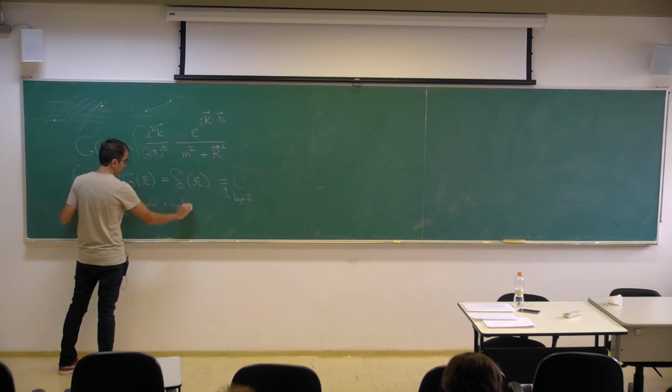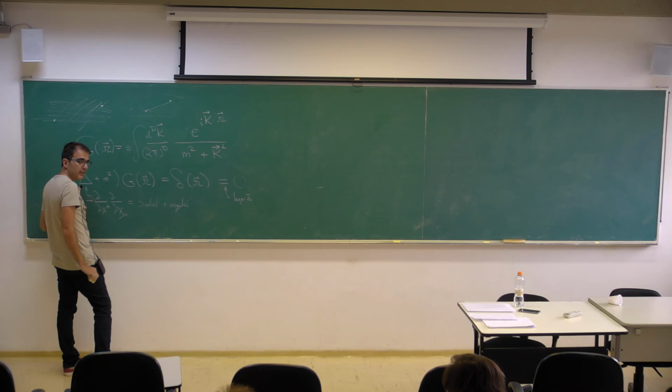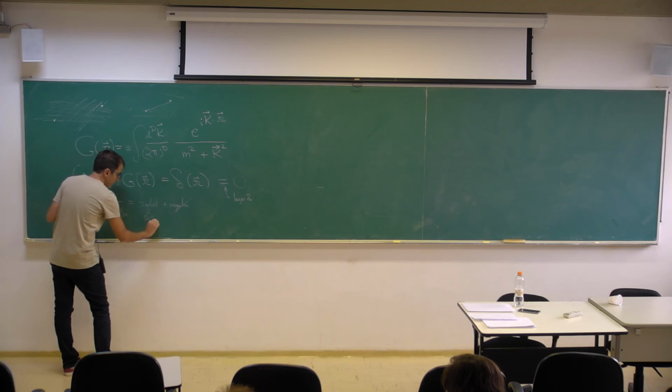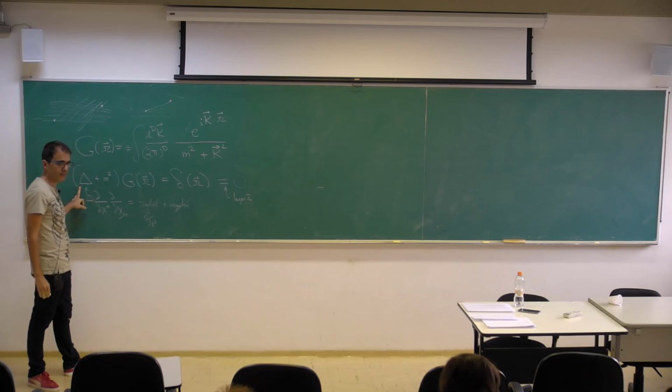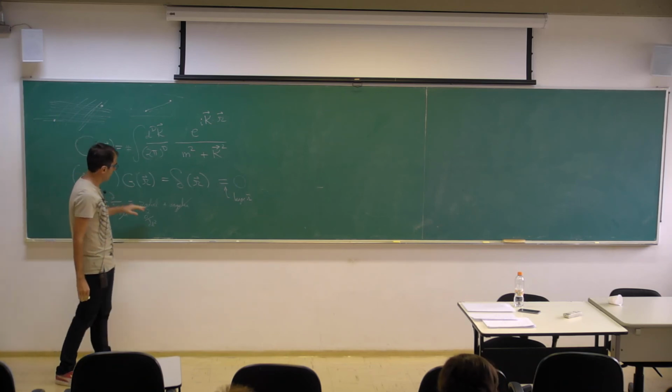And the radial part is what? d squared dr squared? No, that's wrong. It's 1 over r, this derivative in r, 1 over r, derivative in r.